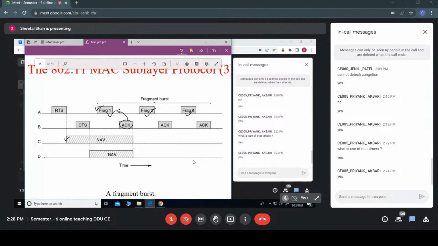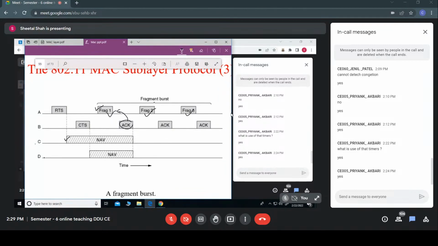So now for every fragment, an acknowledgement signal would be sent. Followed? And in case there is some error in only a single fragment, say suppose fragment 2 has been corrupted, then it is not necessary that all the fragments of the frame have to be sent. Only that particular fragment which has been erroneous should be resent by the sender. Okay, so like this, the throughput can also be increased.